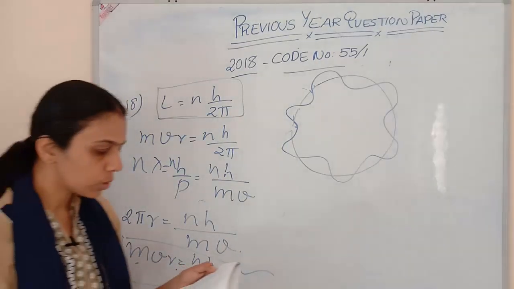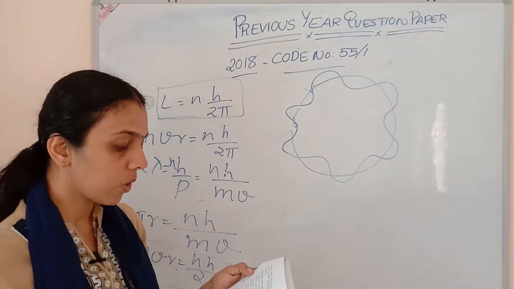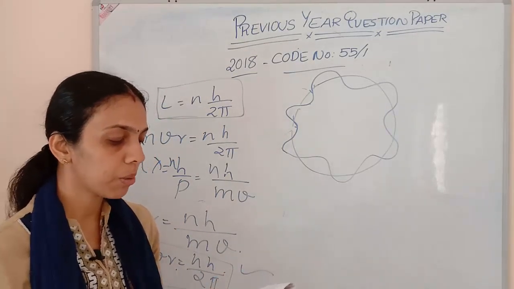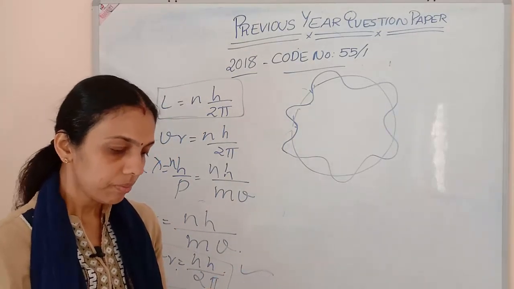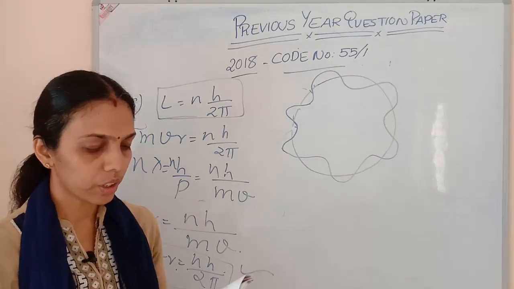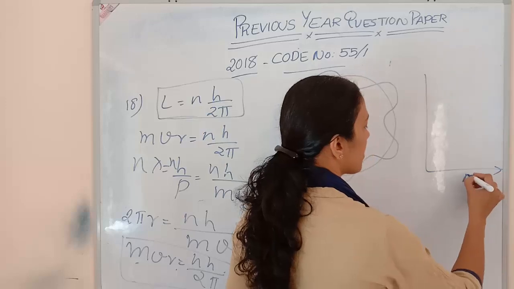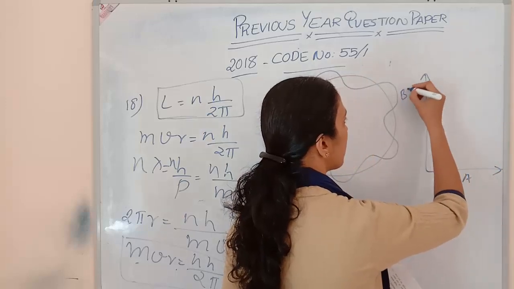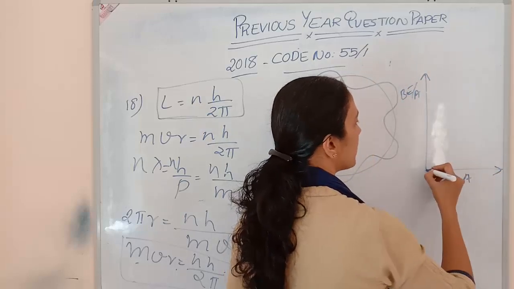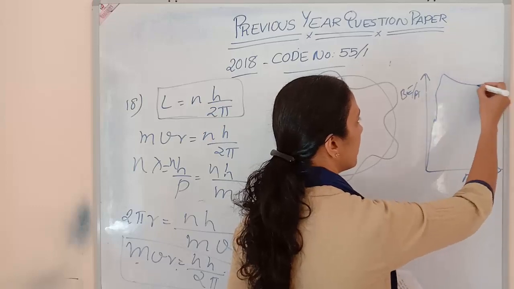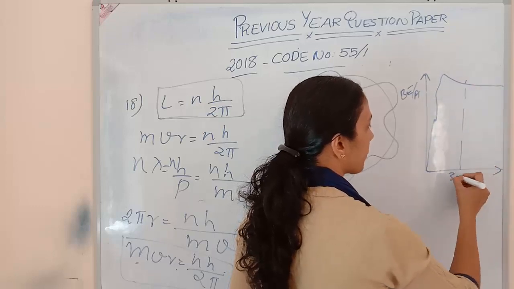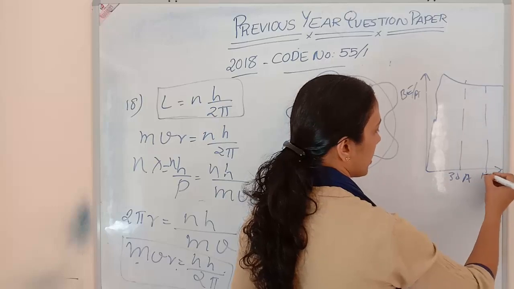The next one is: explain the process of nuclear fission and fusion by plotting a graph of binding energy per nucleon and mass number. Binding energy per nucleon is on this axis, and between 30 and 170 it is almost constant.